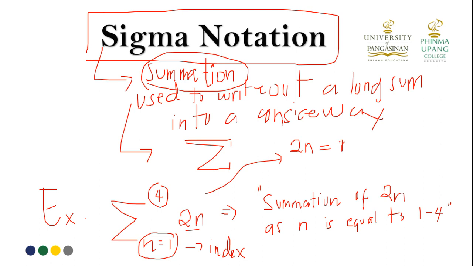So, 2 times 1. Since summation siya, lahat ng operation is plus, hanggang ma-reach mo yung 4. So, 2 times 2, then 2 times 3, plus 2 times 4. What is the sum of this problem? Again, what is 2 times 1 plus 2 times 2 plus 2 times 3 plus 2 times 4? Answer?